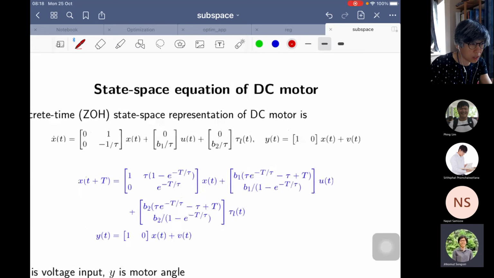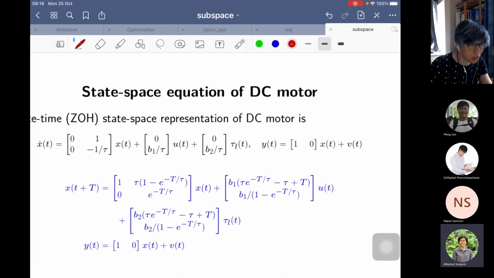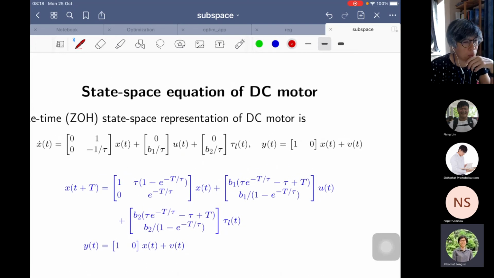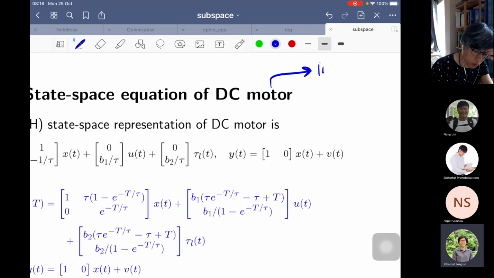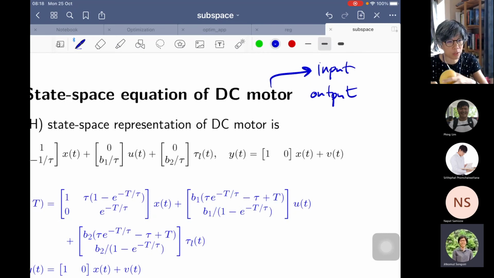Take a look at the equation in the black color. I hope everyone recalls; let's review a little bit. When you have a DC motor system, what is the input and what is the output? Sitipak, can you specify the output first?